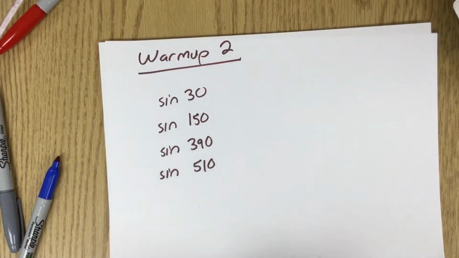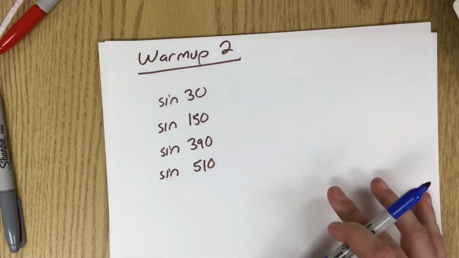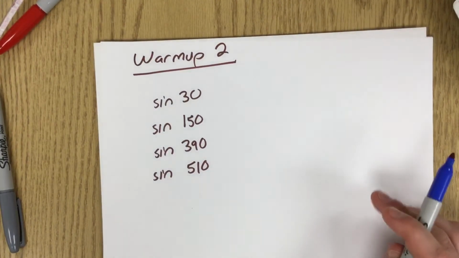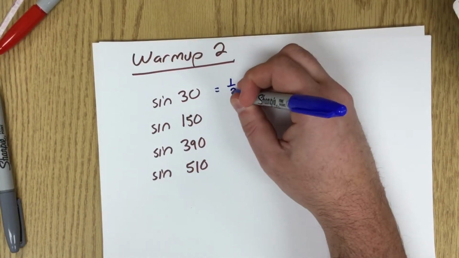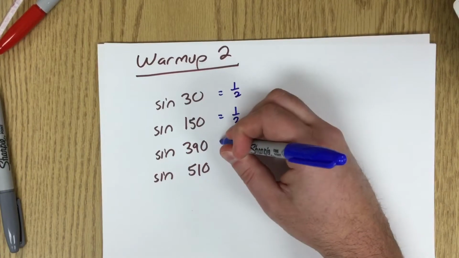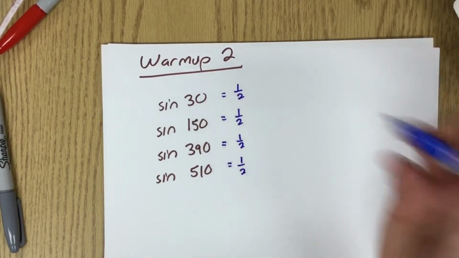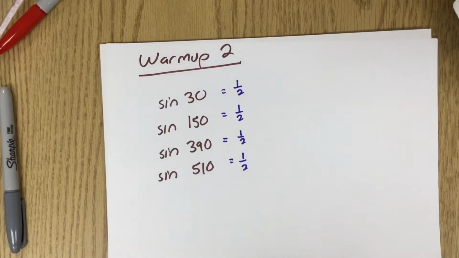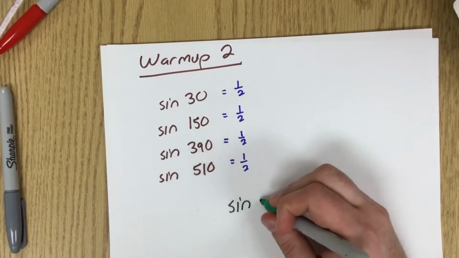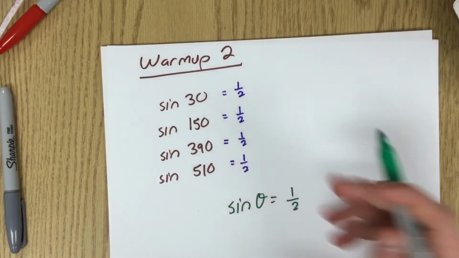Next thing we're going to look at, we're going to figure out what the sine of all these angles is. What we know is that the sine of 30 is a half, and the sine of 150 is a half, and the sine of 390 is a half, and the sine of 510 is a half. So if the question was sine of theta equals a half, it could be any of these answers.